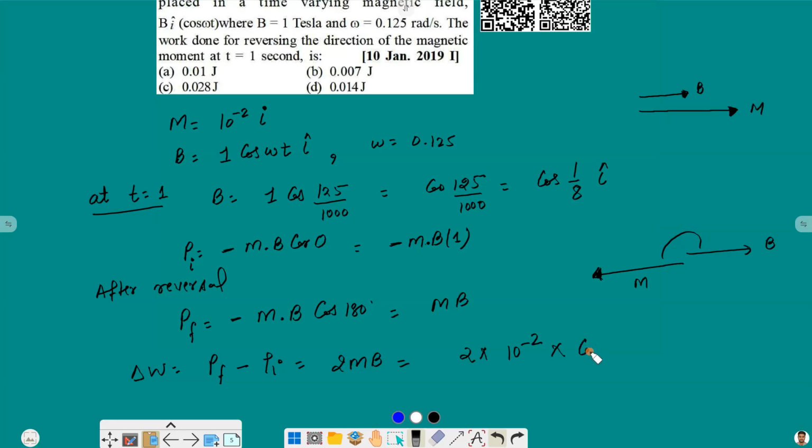So cos of 1 by 8, and after solving this we get 0.019, and that is nearest to, we can say, option D. So let's move to the next one.